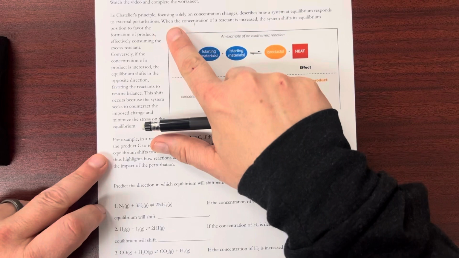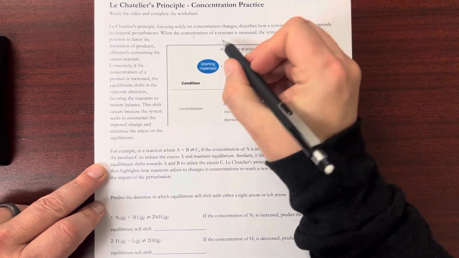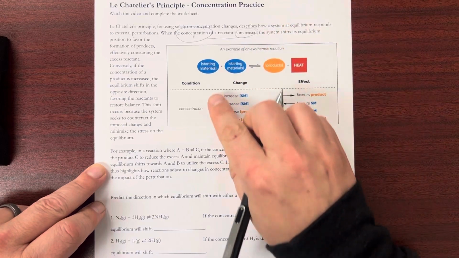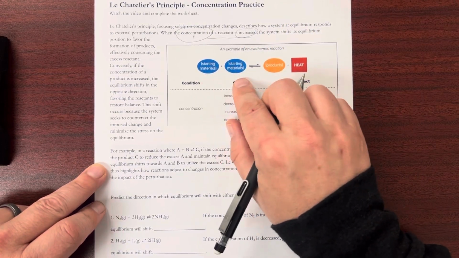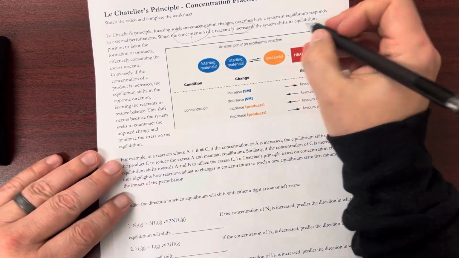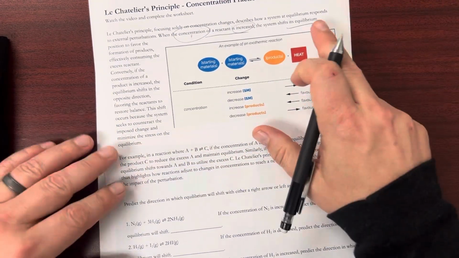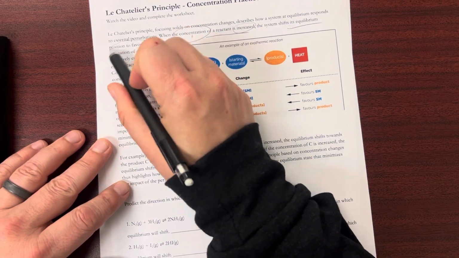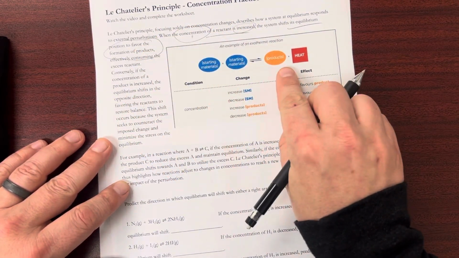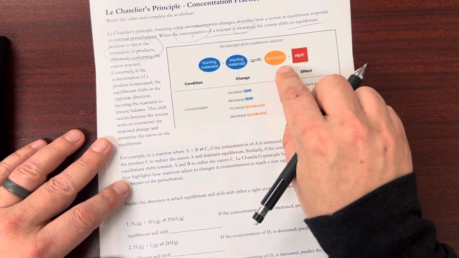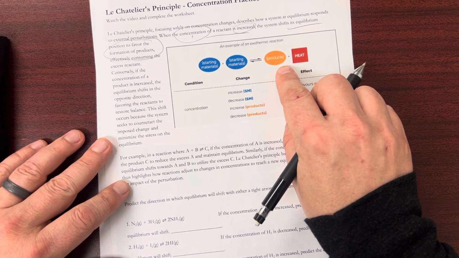Because we have an example up here: when the concentration of a reactant is increased, so we're increasing concentration of one of these things, the system wants to put that back into equilibrium. It wants to balance it again. And it's going to do that by favoring formation of the products. So if I increase something on one side, it's going to want to increase something else on the other side.